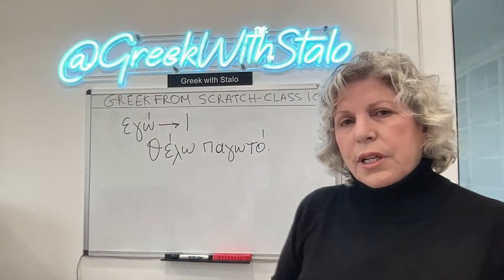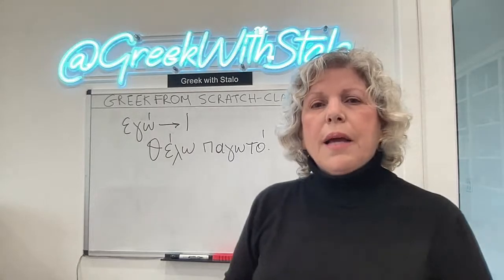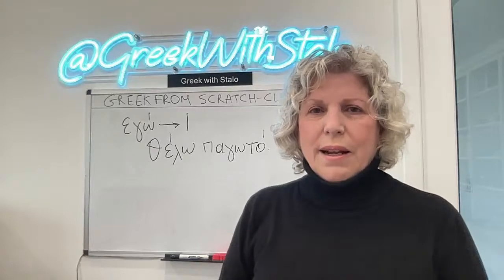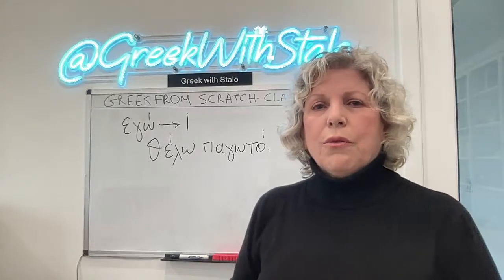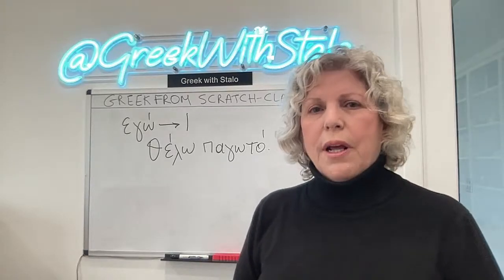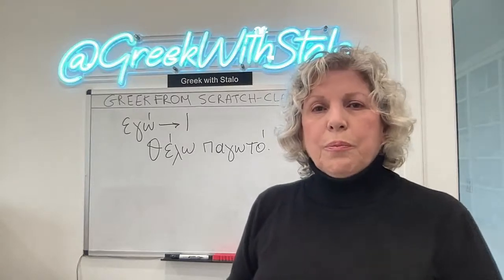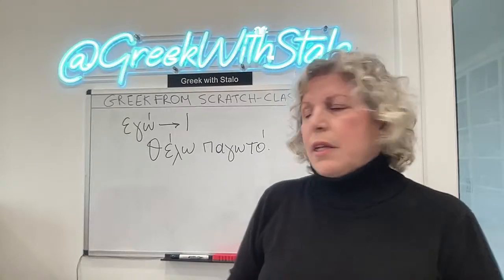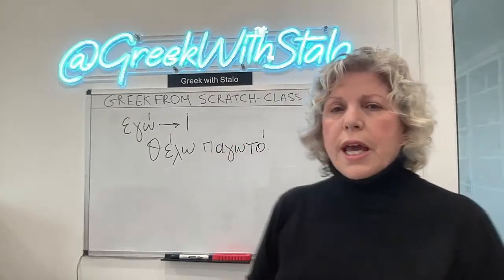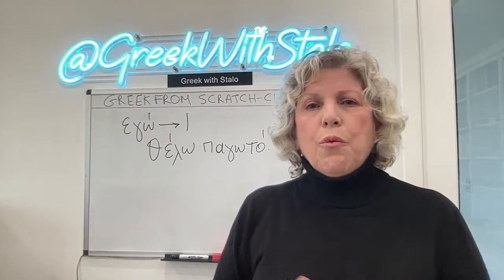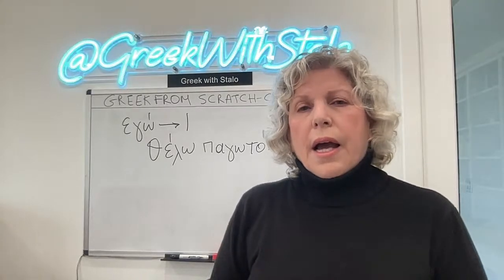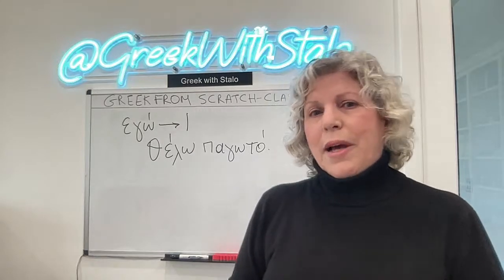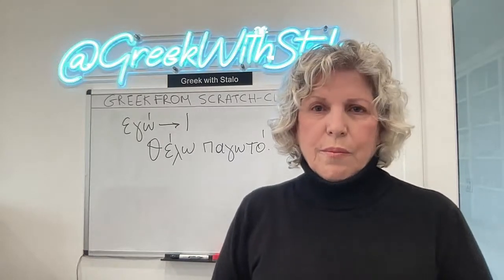Now, the main reason we would use a personal pronoun before a verb would be for emphasis or to show a contrast. So, for example, you say, I want cake. And I would say, yes, but I want ice cream.